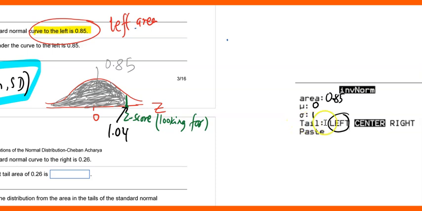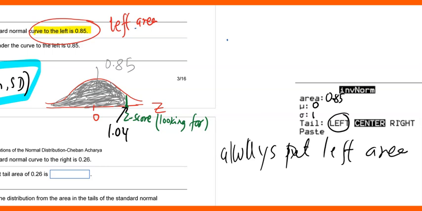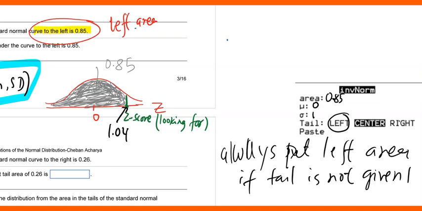If the tail option is not given, always put the left area. If the tail is given, you can put the area and specify the tail, which area is in what direction. But if the tail is not given, you always put the area as the left area of the point you are looking for.